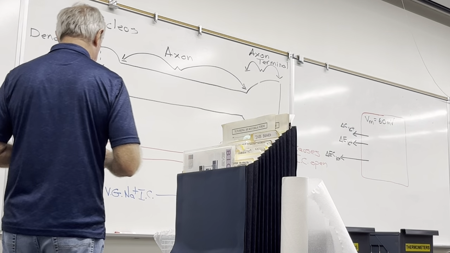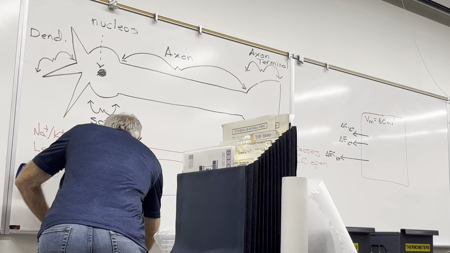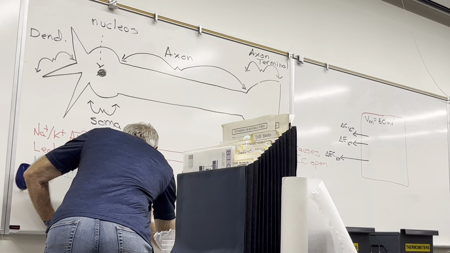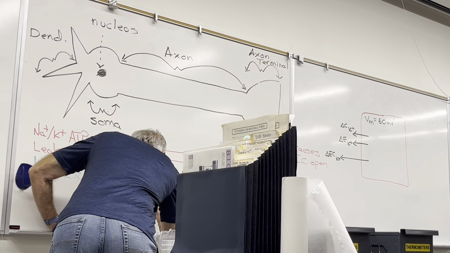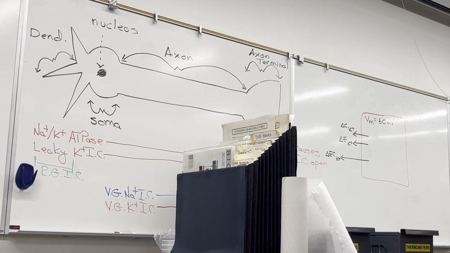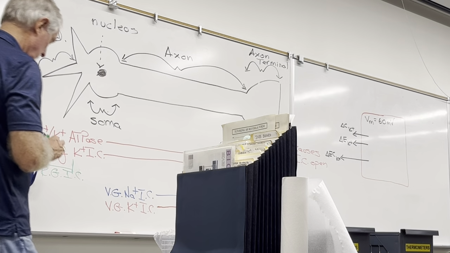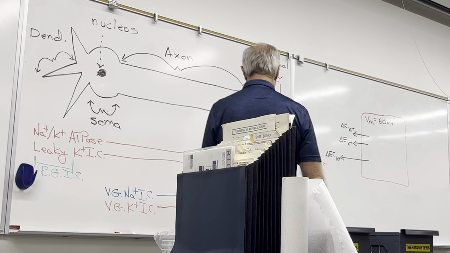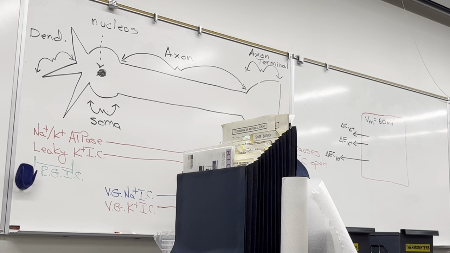Our voltage-gated potassium ion channels are found all along the length of the axon into the axon terminal. The voltage-gated calcium ion channels are found only in the membrane of the axon terminal.